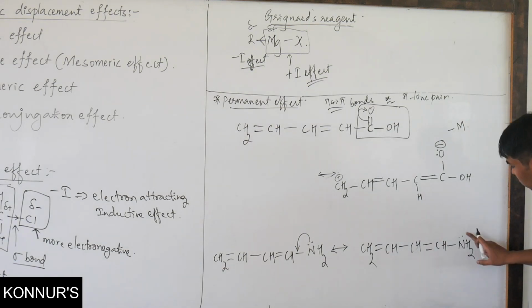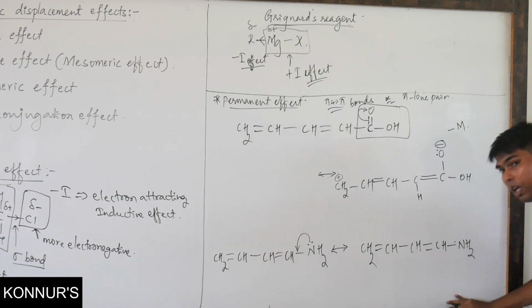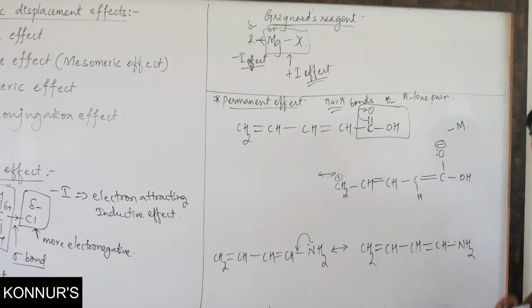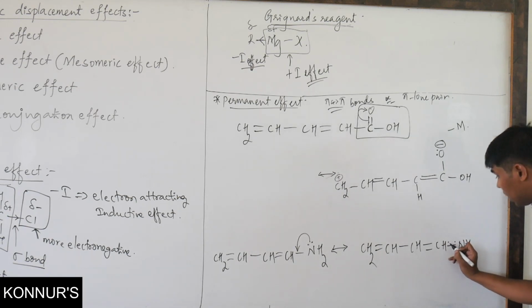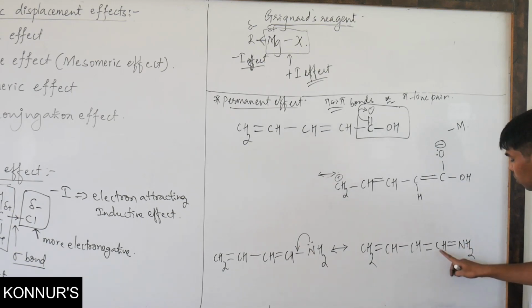Both electrons are of nitrogen. One electron will remain on nitrogen only, but one electron is given to this carbon now. So nitrogen has lost one electron to the first carbon.